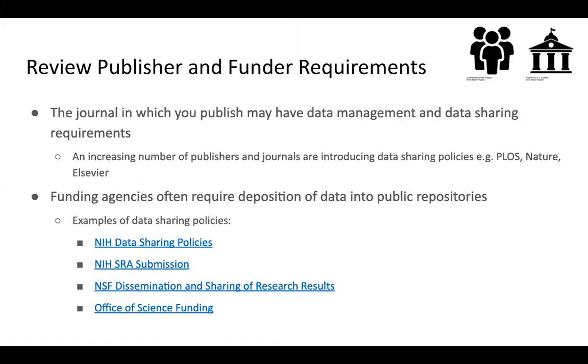So the next section or step of our checklist is to review any publisher or funder requirements. So remember that major national funding agencies like the NSF or the NIH require requests for funding contain that data management plan or DMP that Meghan talked about. And these should address how the proposed project will comply with your agency's data sharing policies.